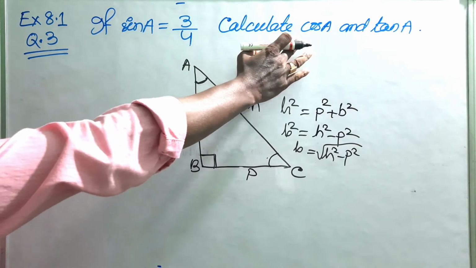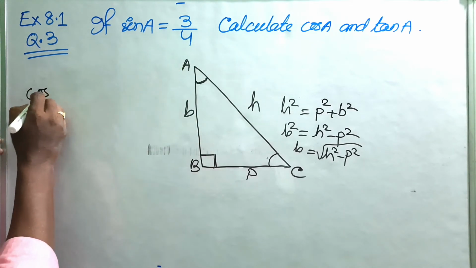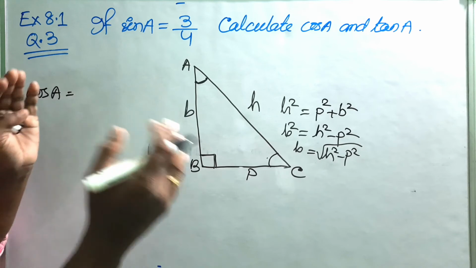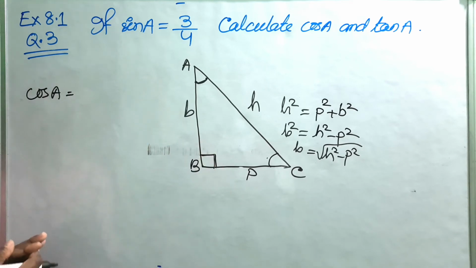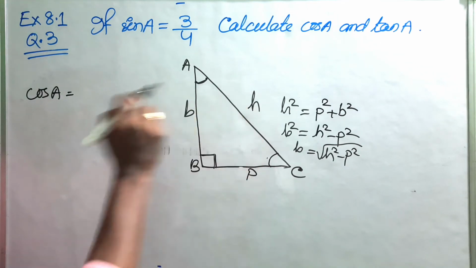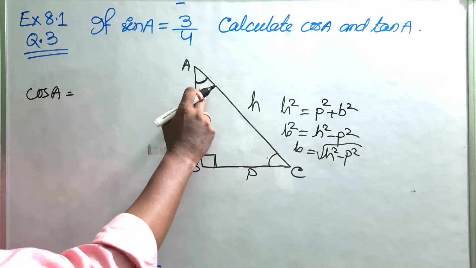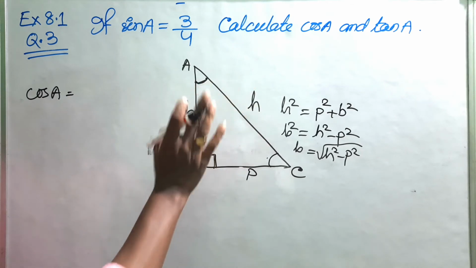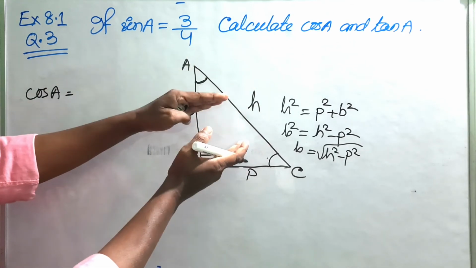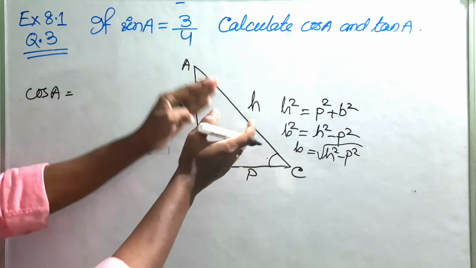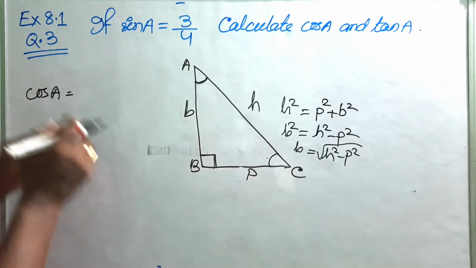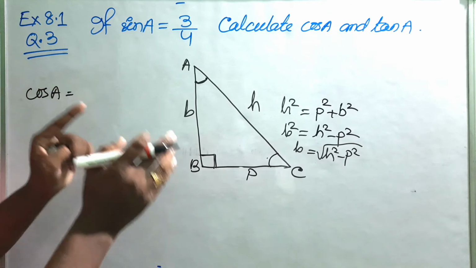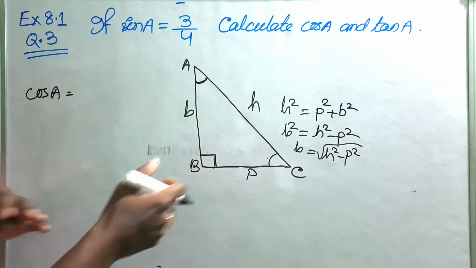Now we will determine cos A. So you know cos theta is how much? B by H, you know that one. Here we are considering this angle, so B by H. Here drawing this diagram or figure is not important. You should remember the formula sin theta, cos theta, like this you have to remember.